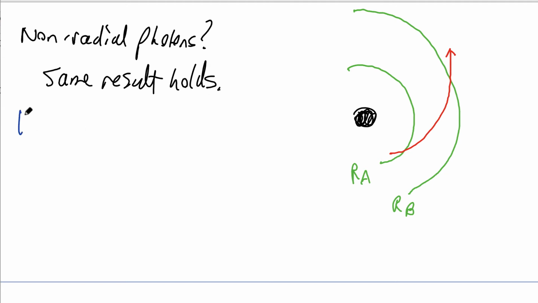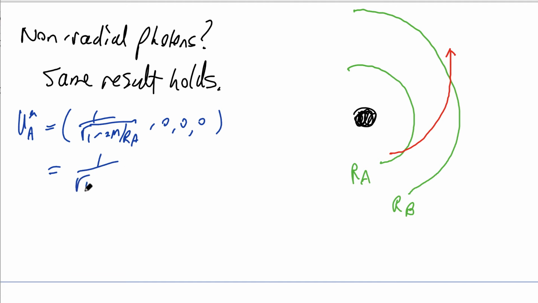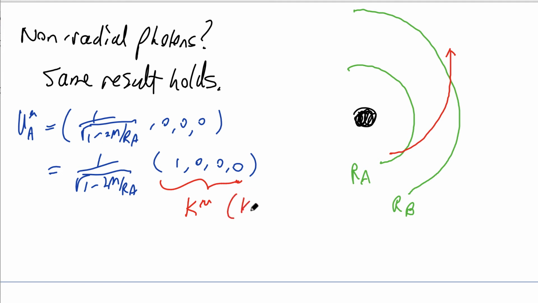If you recall, the forward velocity for observer A has components 1 over the square root of 1 minus 2m over r sub A, comma 0, 0, 0. So this is proportional to the vector 1, 0, 0, 0. But these are the components of a Killing vector field, k.